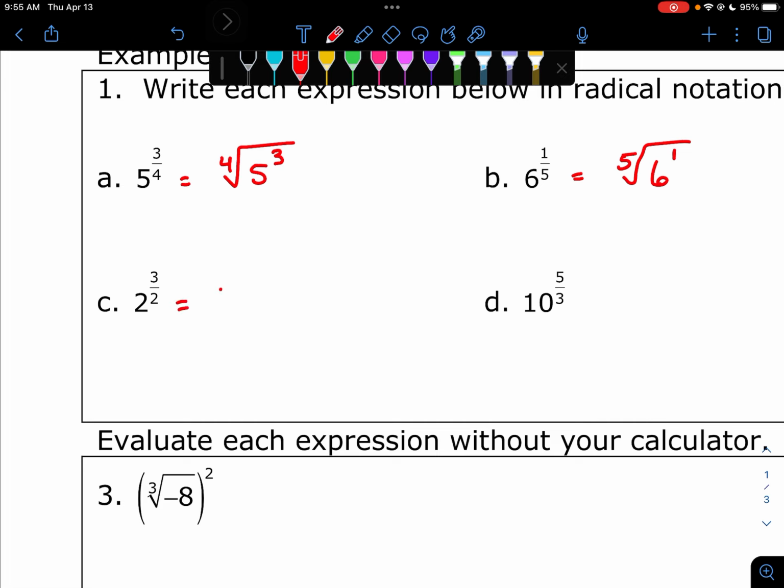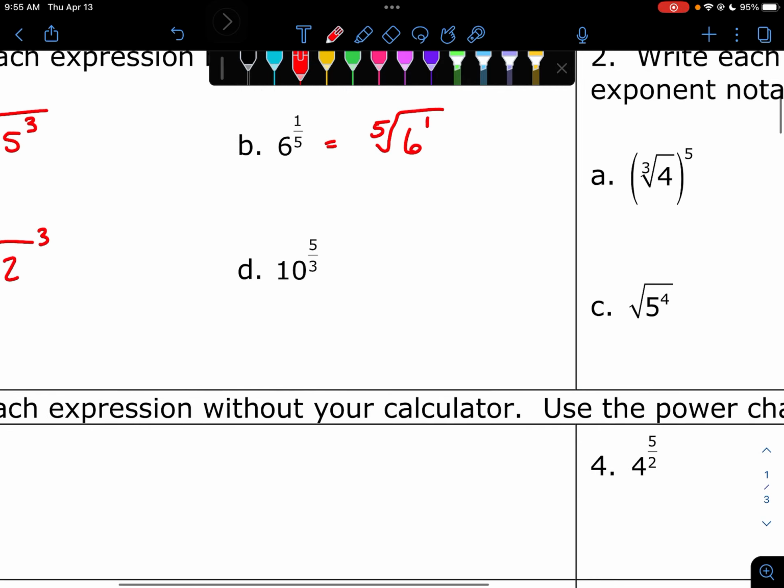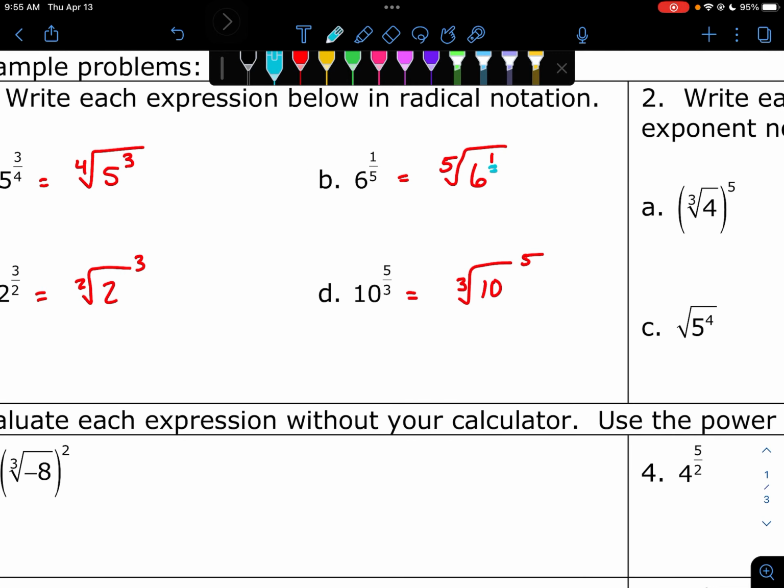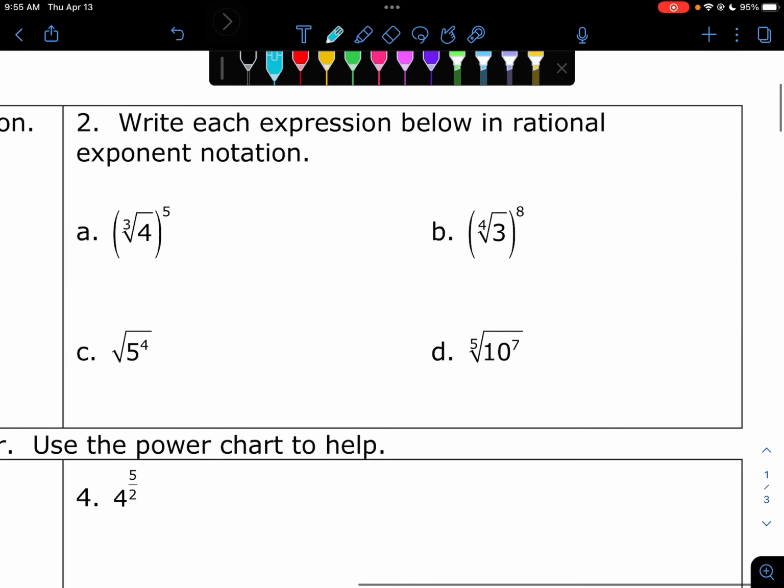So then this is a square root of 2. We're going to raise it to the 3rd power. And then same thing for 10. This is a cube root, and we're raising it to the 5th power. Notice again how sometimes I put the exponent on the inside and sometimes I put the exponent on the outside. It does not matter.